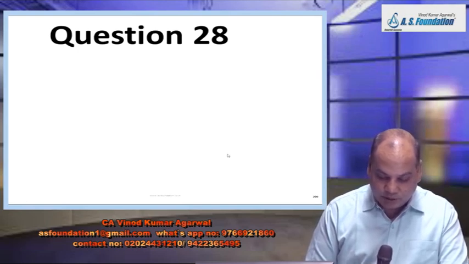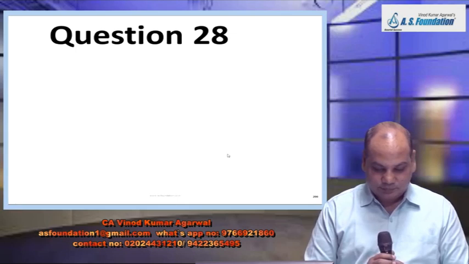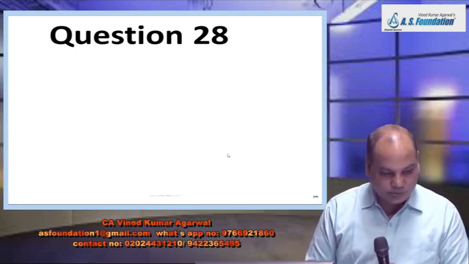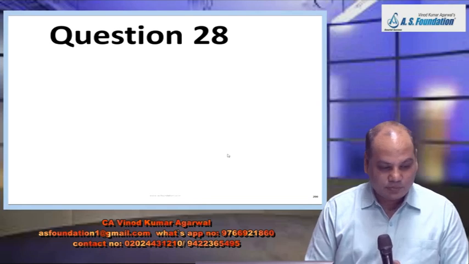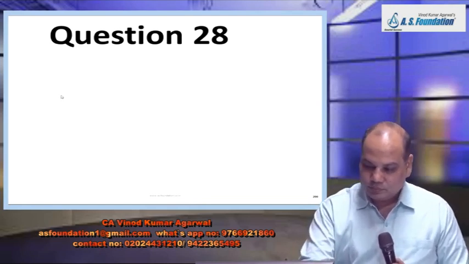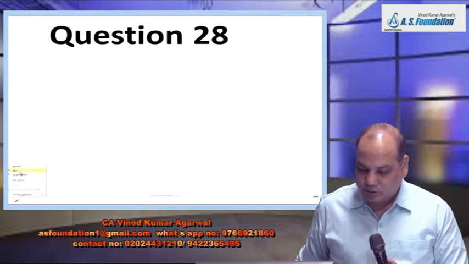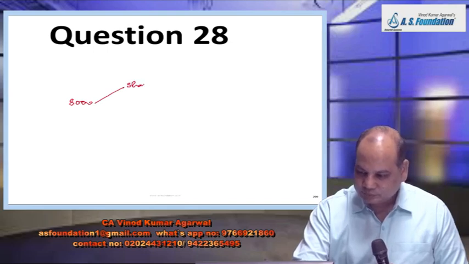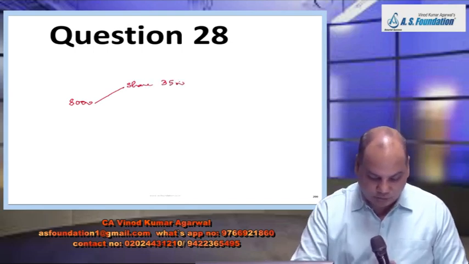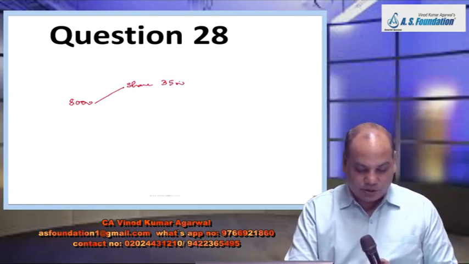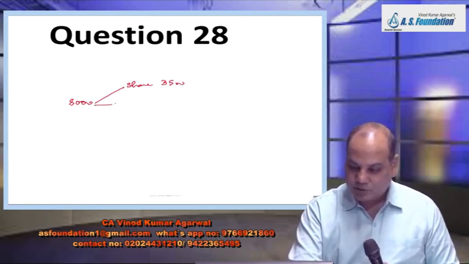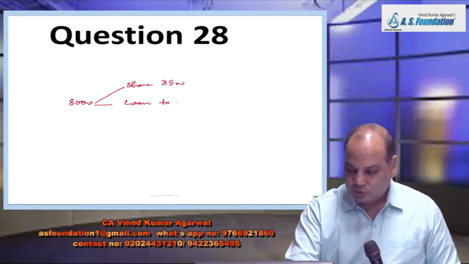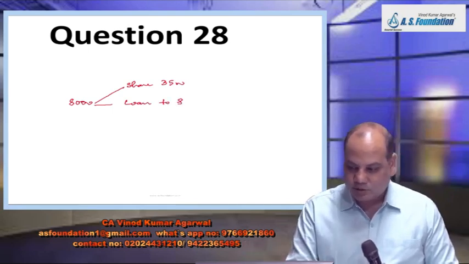P Limited had paid 3,500 for its investment in share capital of S. And how much is investment appearing in the SOFP? 8,000. And out of 8,000, 3,500 is towards shares. And it also says P Limited had invested 60% of S's 8% loan. So that is also included in 8,000.